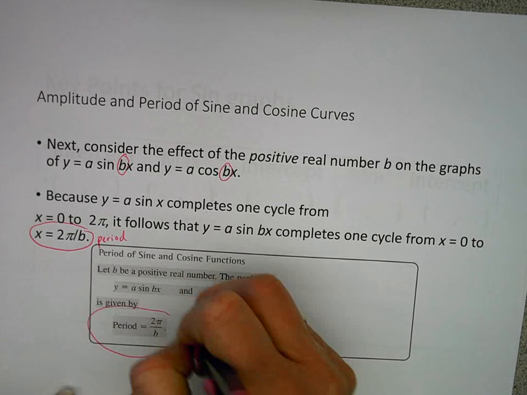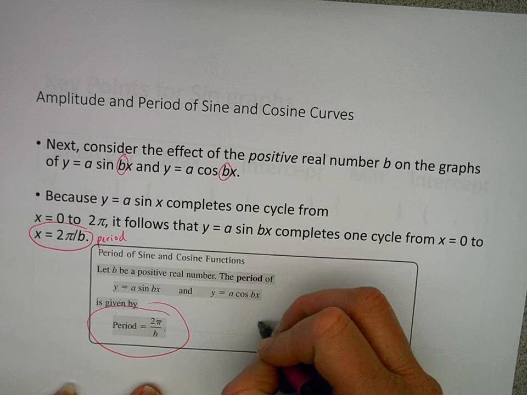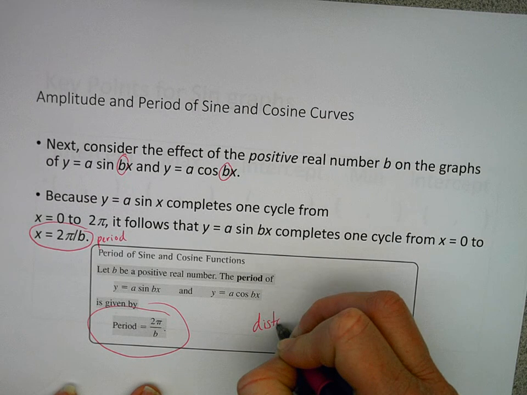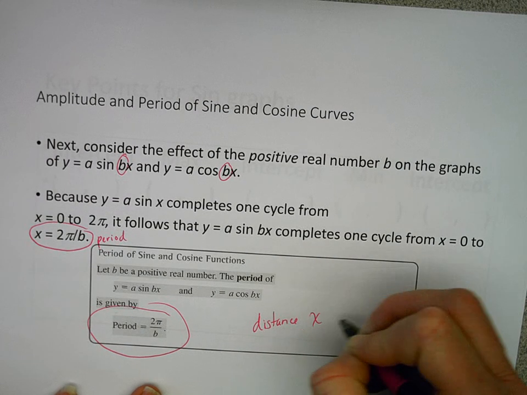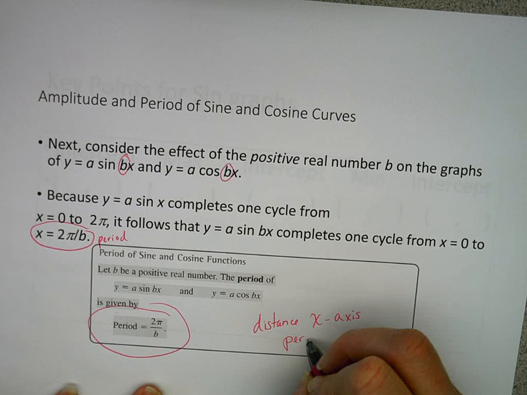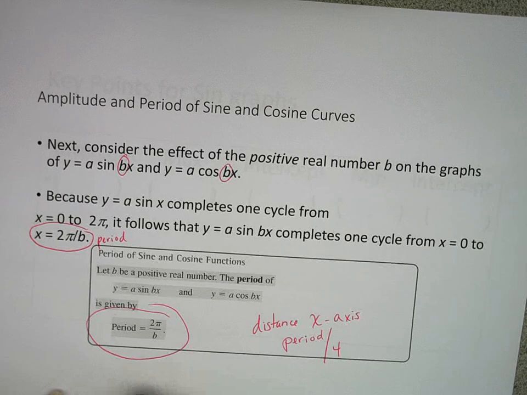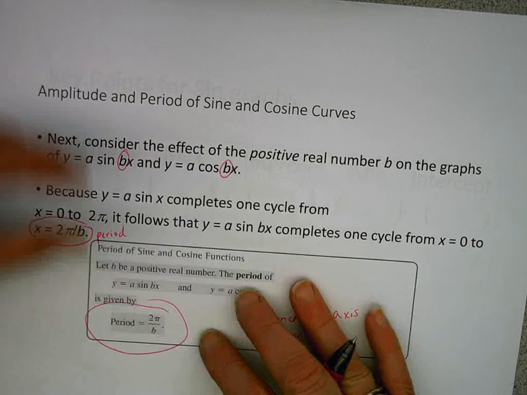It is right there on your notes at the top right-hand side. And remember, to find the distance on the x-axis, we take the period and we divide by 4. And it becomes your counting principle. So that's how much you count every time you do a line.